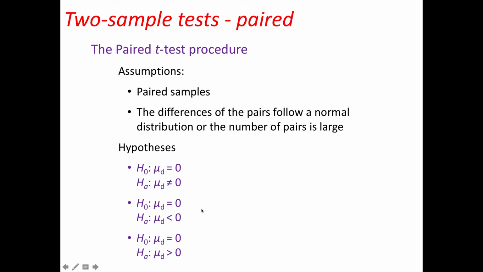That's your null hypothesis in each case. Your alternative hypotheses are the same as we've talked about before: not equal, so a two-sided test, less than 0, and greater than 0, so left-tailed and right-tailed.